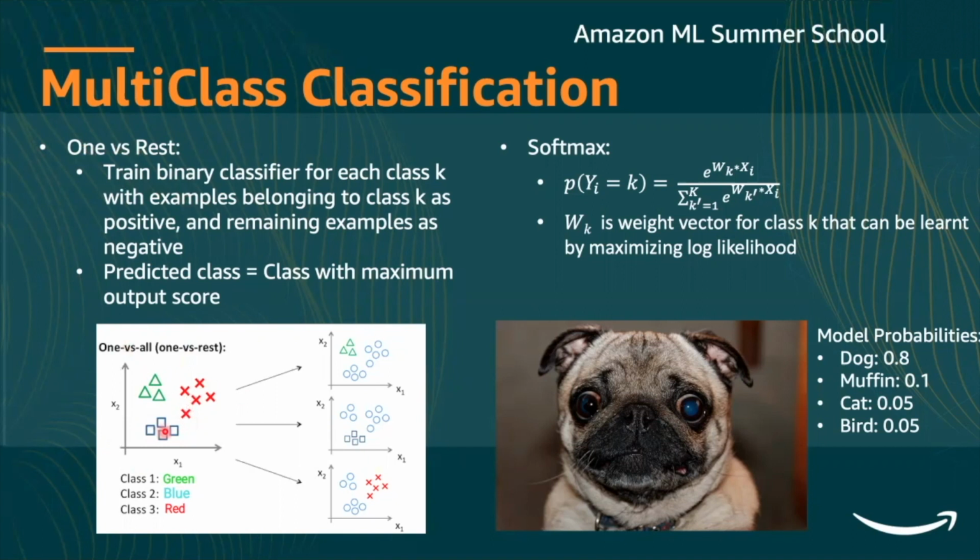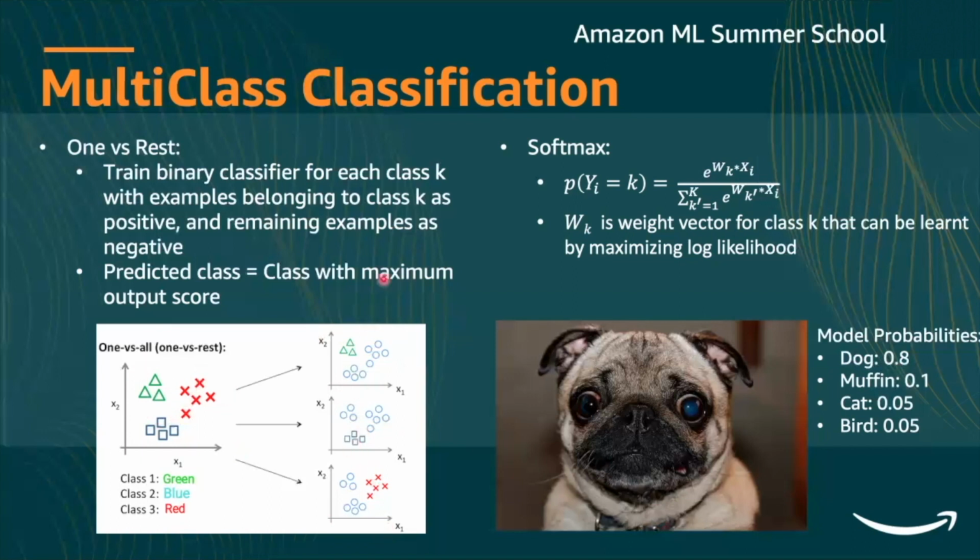You convert this into three binary classification problems. The first problem considers the triangle as positive, and the remaining two as negative samples. You have another binary classification problem by considering the squares as positive and the others as negative class. And you have a third binary classification problem by considering this as the positive class and these two as the negative class. Then you train three different models.